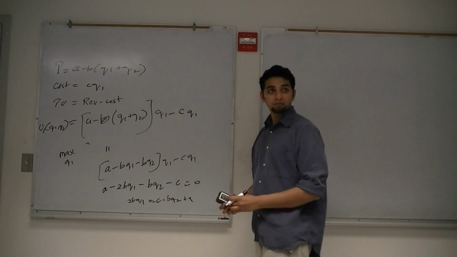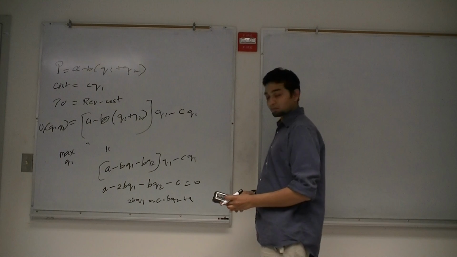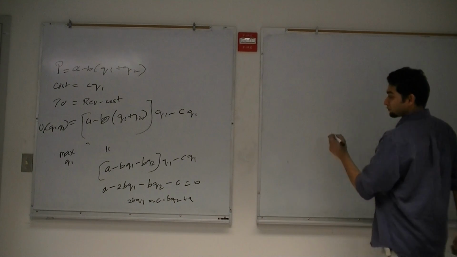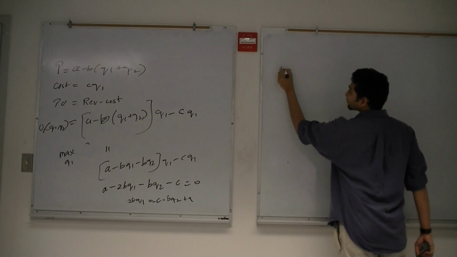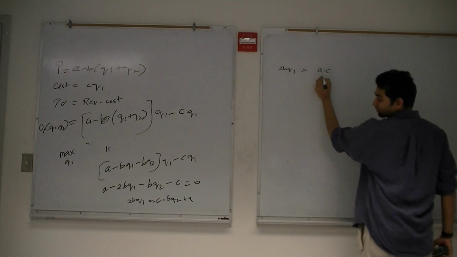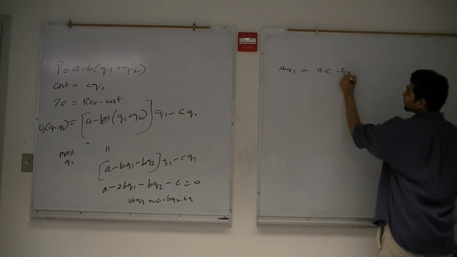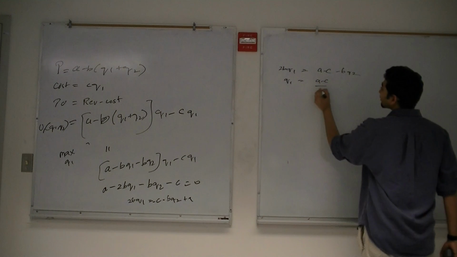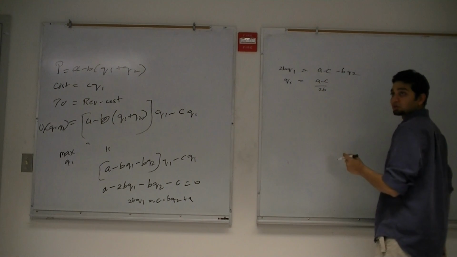The first term, A multiplied by Q1. So the derivative... No, there's a missing term here. There's a Q1 inside also, right?